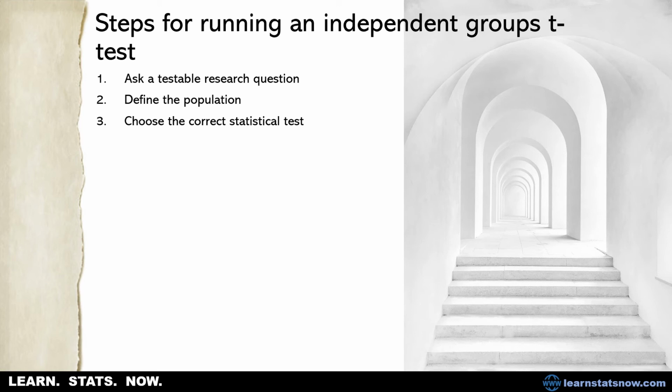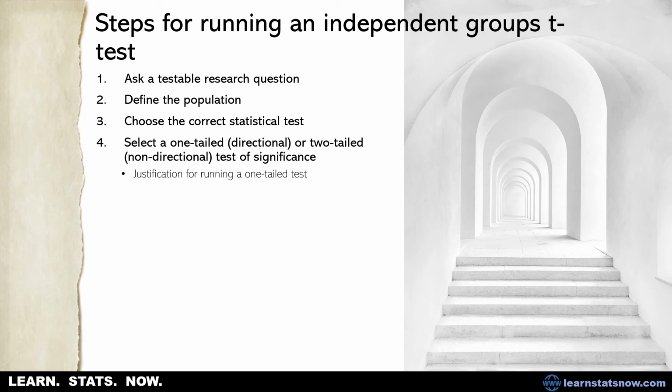In this case, it's an independent groups t-test. So we know we have two groups. Then we're going to decide, do we want to run a one-tailed directional test or a two-tailed non-directional test of significance? And if it's one-tailed, we have to justify that. There has to be some really good evidence that the effect can only go in one direction.